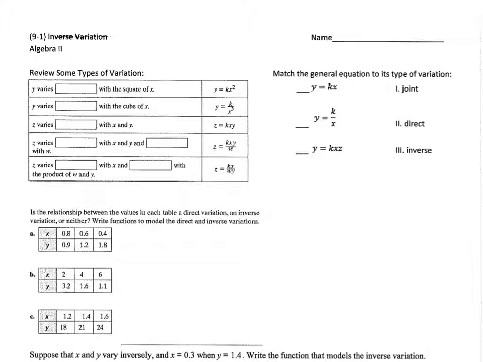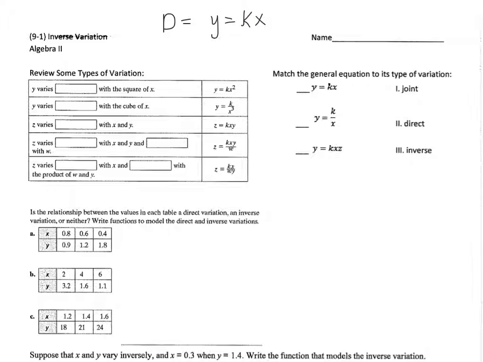We've done a little bit of inverse and direct variation in the beginning of the semester, as well as in algebra. So if you remember, direct variation takes the form of y equals k times x, where k is called the constant of variation.